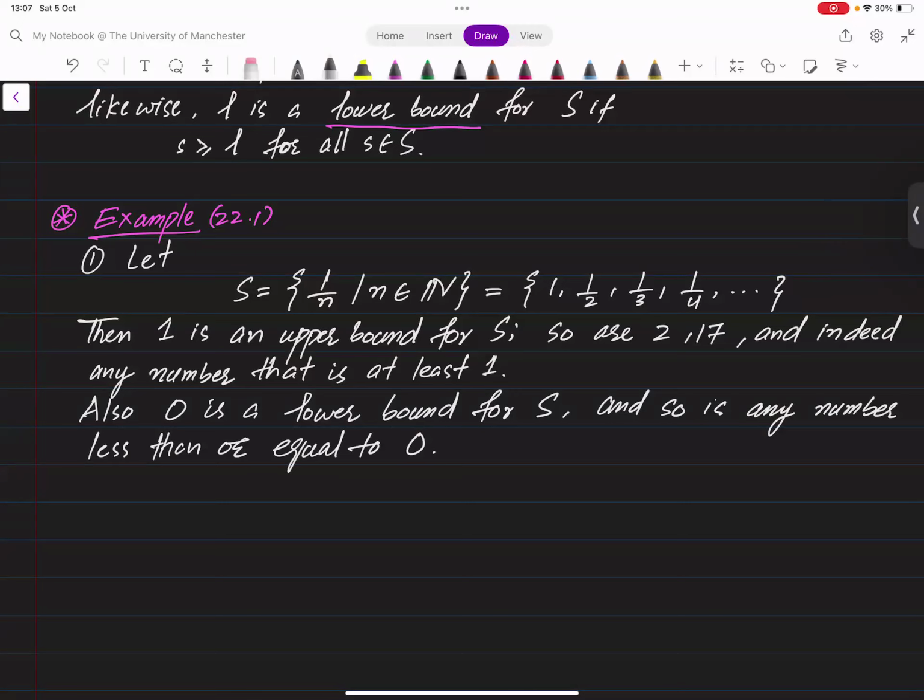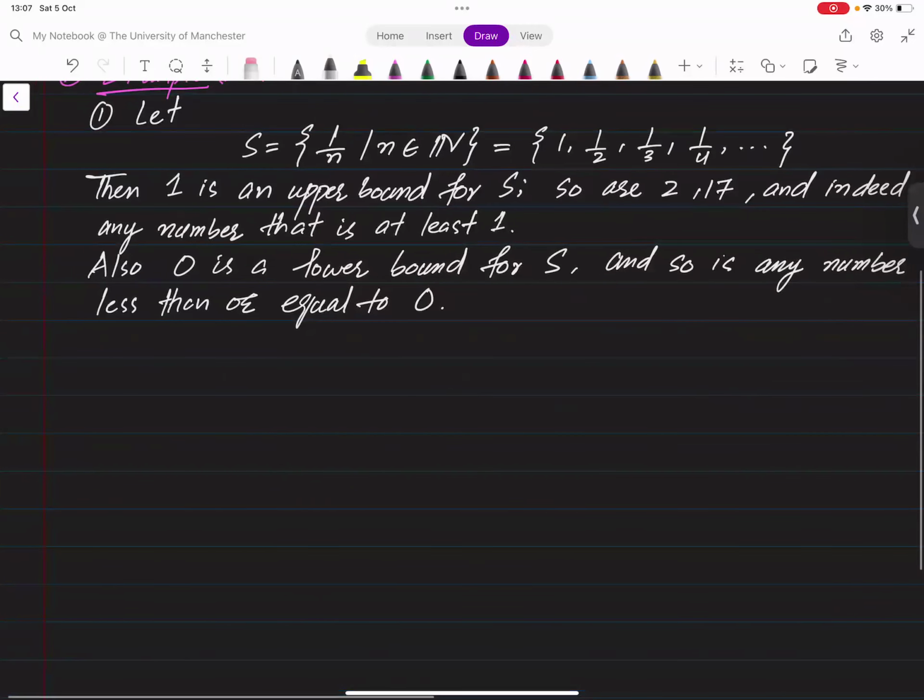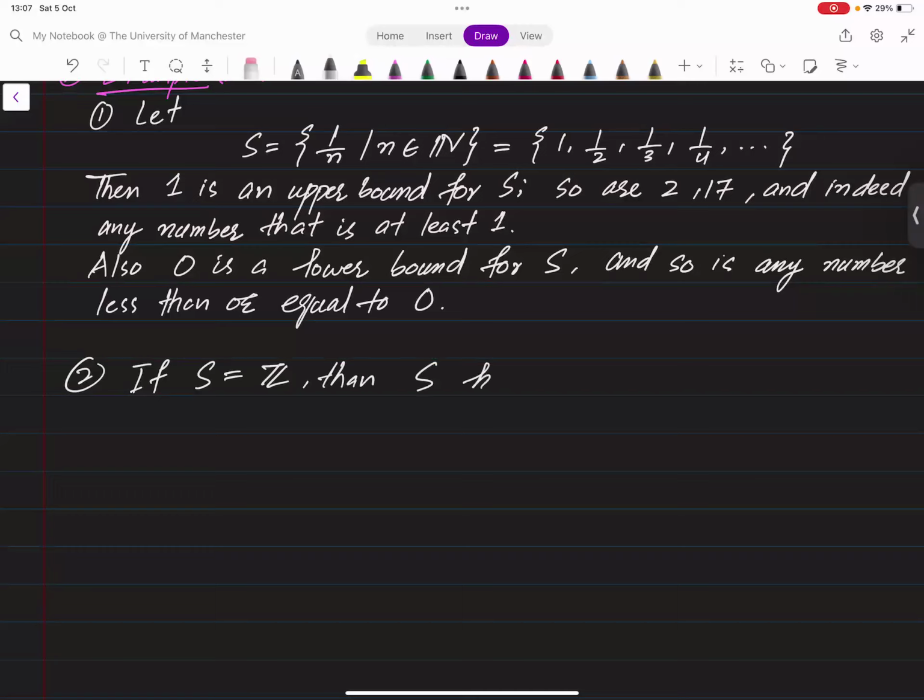Okay. Example 2. Let's say if the set S is the integers, then S has no upper or lower bounds.